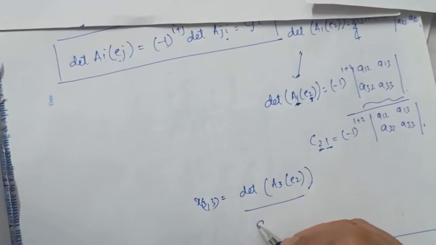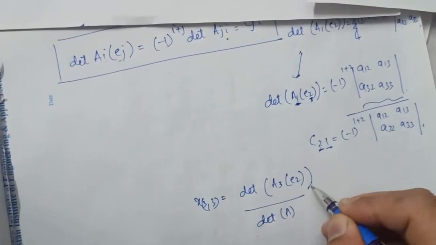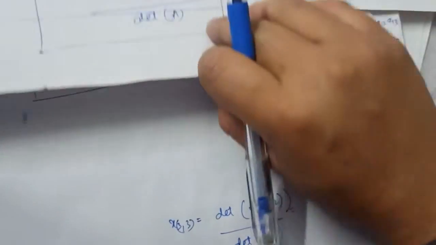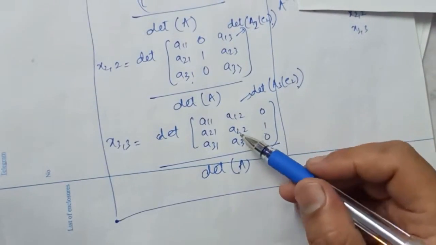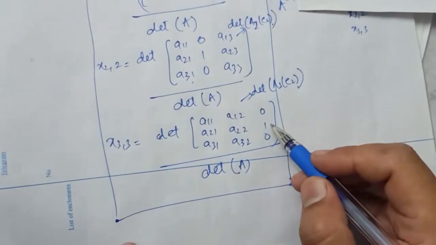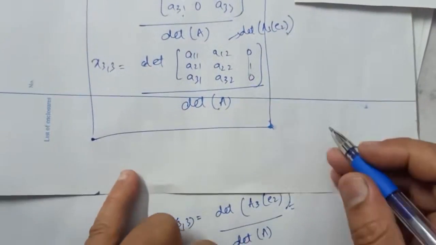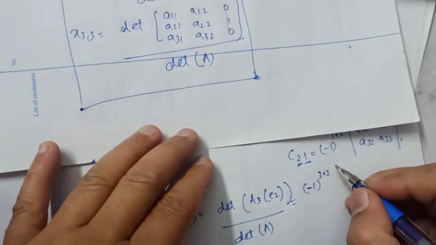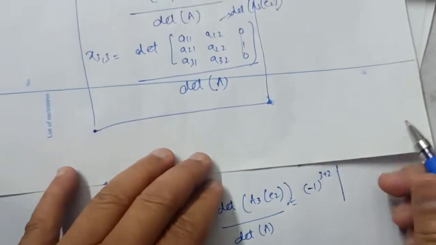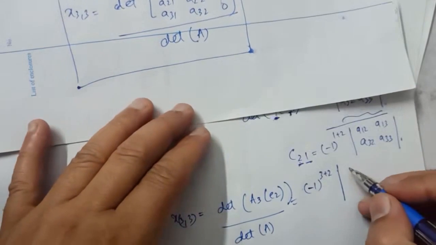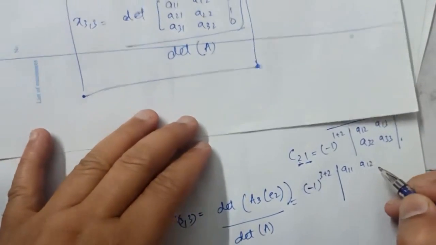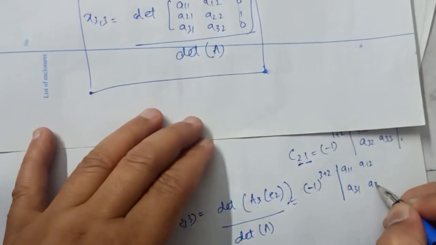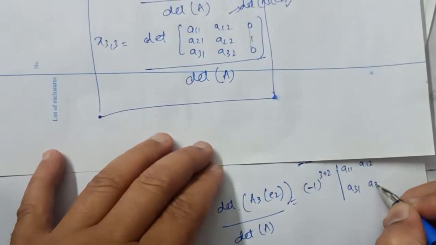If I do that, A3 E2 is the expansion from this side here, which comes out to be (-1)^(3+2) times the determinant of A11, A12, A31 and A32.